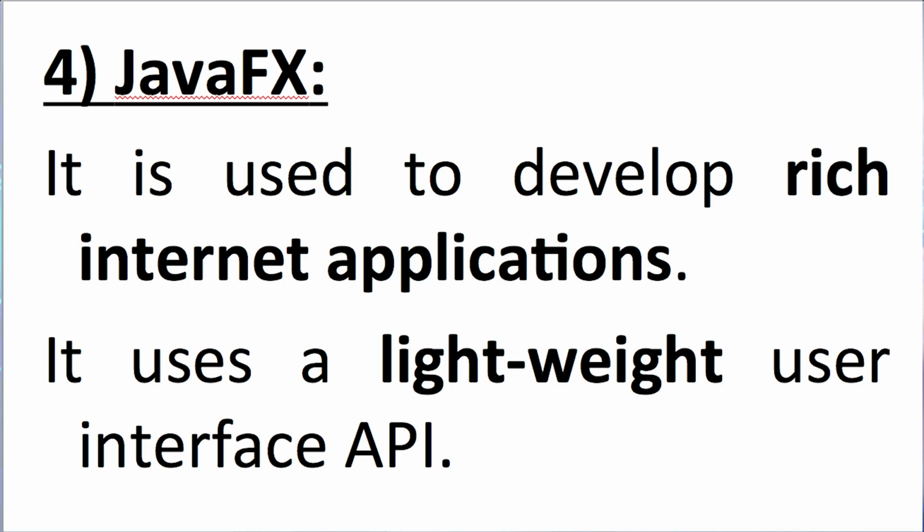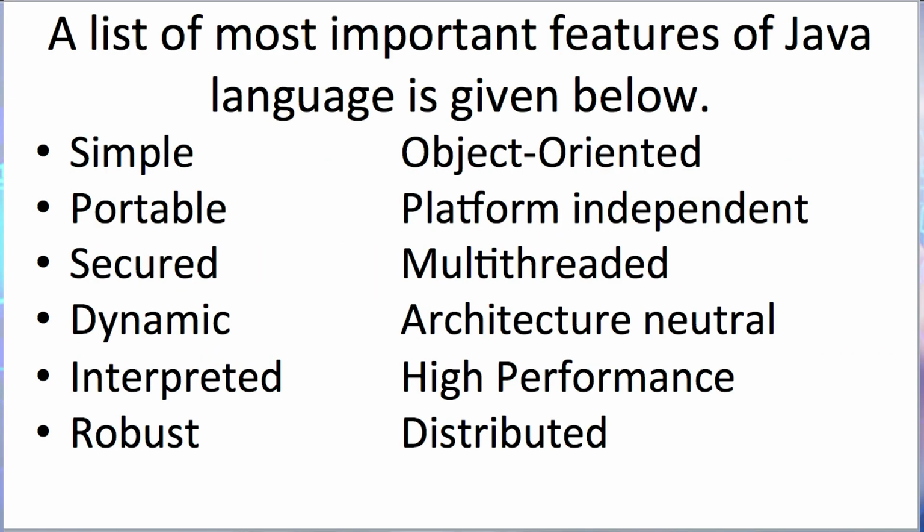Now, the list of the most important features of the Java language is given below, and I have already discussed these features. Java is very simple, meaning a user friendly programming language, and Java is a portable programming language. It can be accommodated on any system very easily.